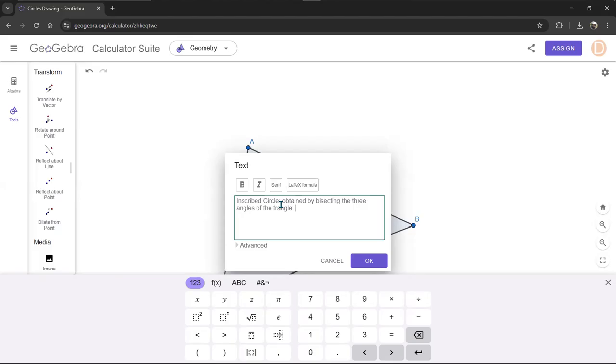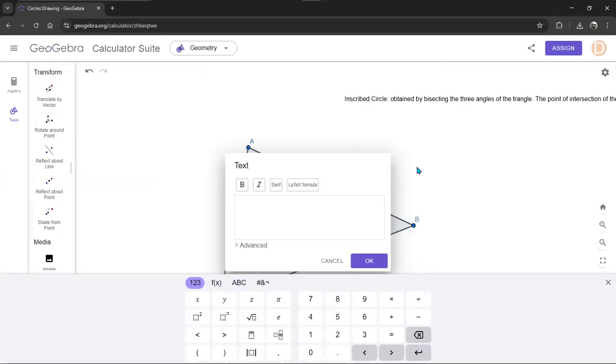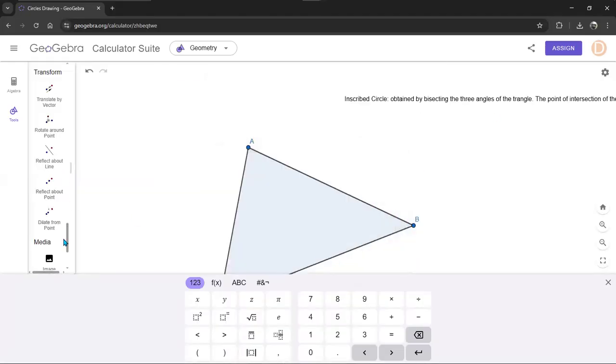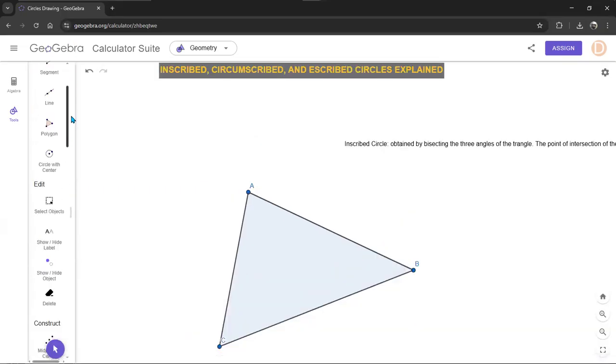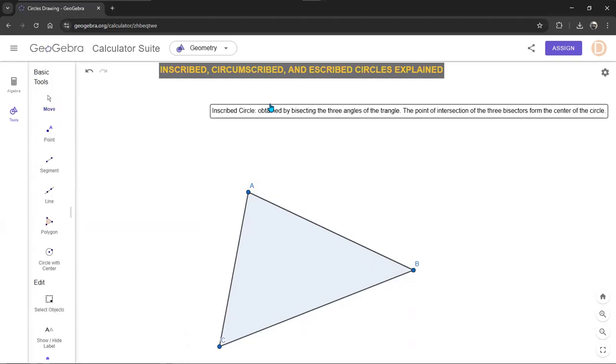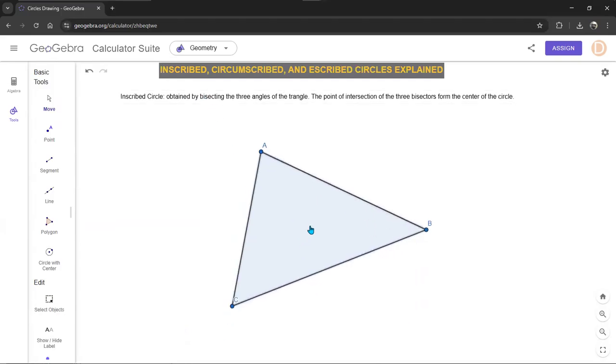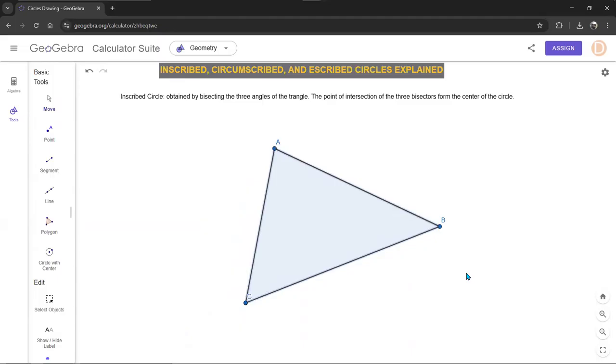And we can also add that the point of intersection of the three bisectors forms the center of the circle. So having that, you can place it where you will be able to see it well. Let me drag it up to there. So at least everything we have is visible.